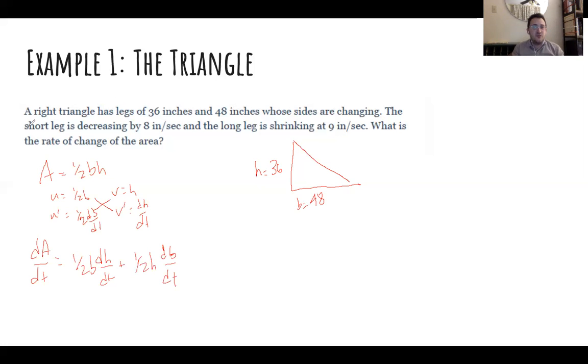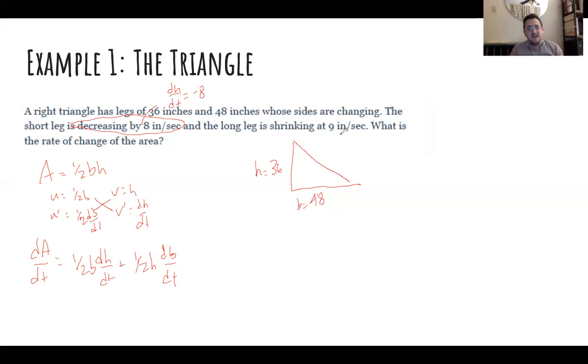And the short leg is decreasing. So what that means here is that we're looking at the short leg, so the height is shorter here. So we're going to say that dH/dt equals -8.